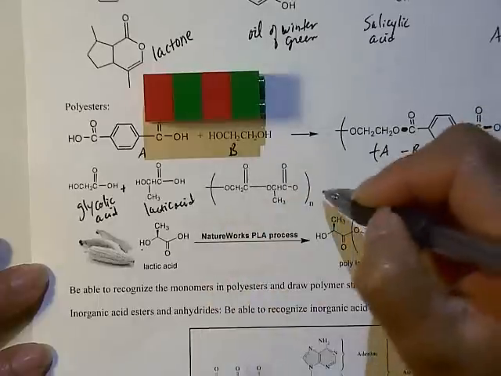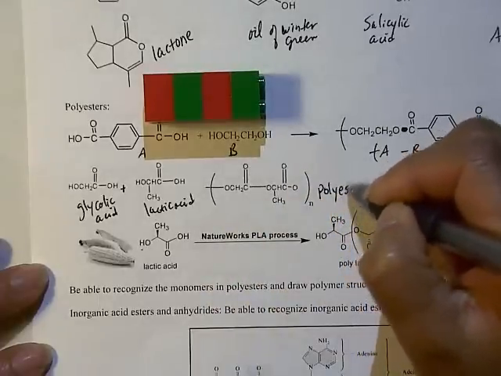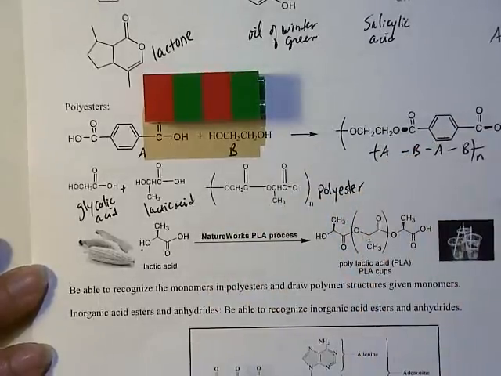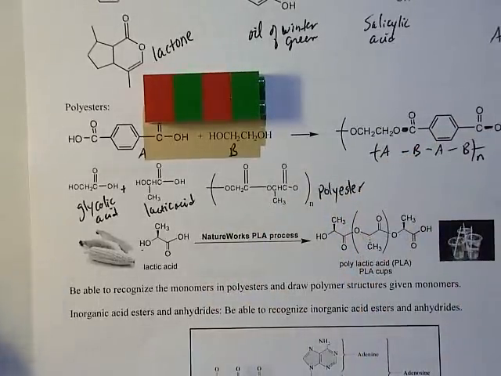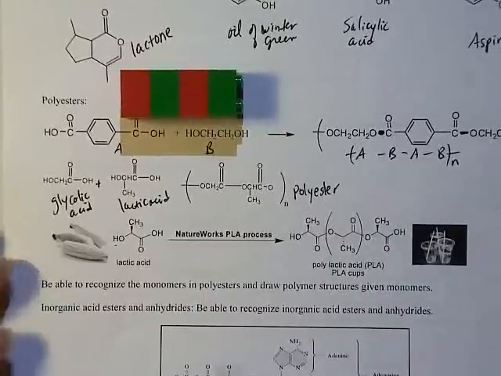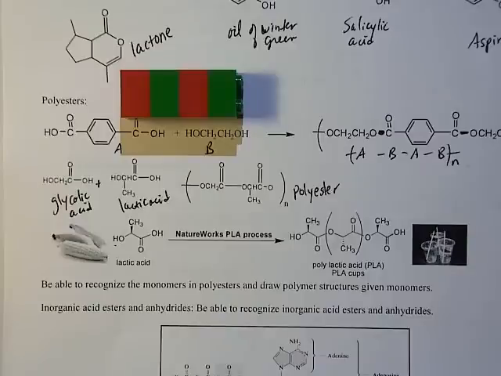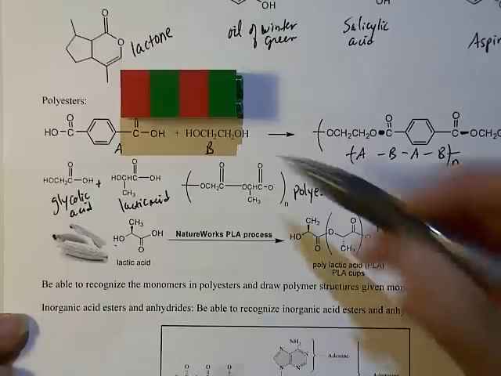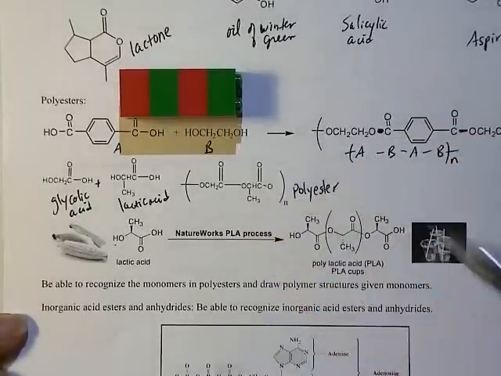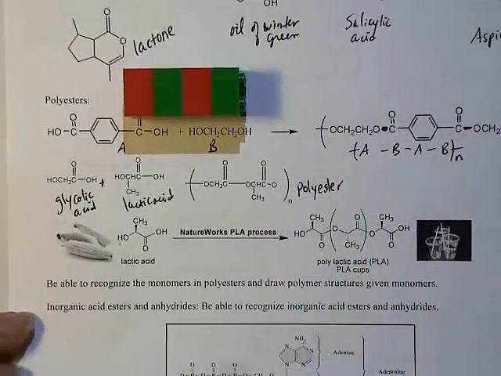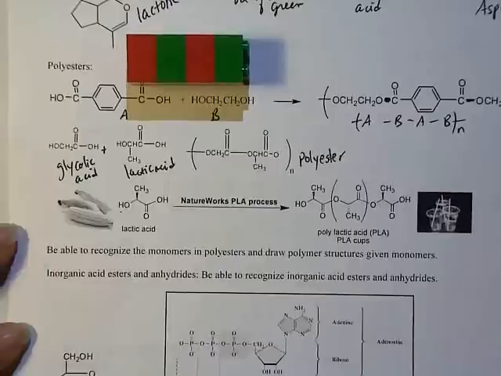This is actually a polyester used in stitches that you get when you go to the emergency room, for example, and they sew you up. This is a type of thread that you don't have to go and take out, because over time it slowly hydrolyzes. The ester bond is cleaved slowly and automatically, so that it just sort of goes away.